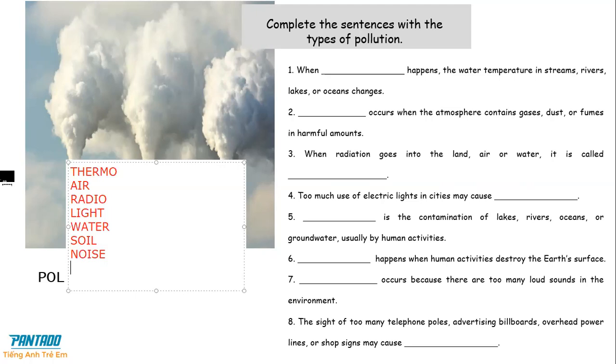The sight of too many telephone poles, advertising billboards, overhead power lines, or shop signs make... I'm sorry, I didn't hear it clearly. Can you read it again?